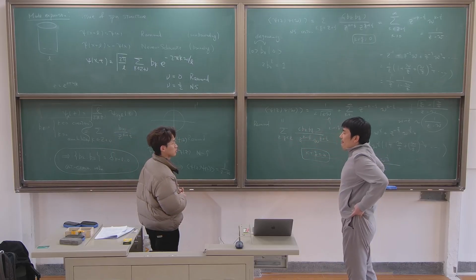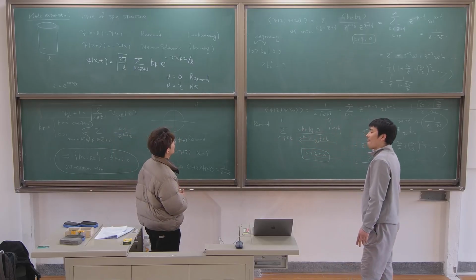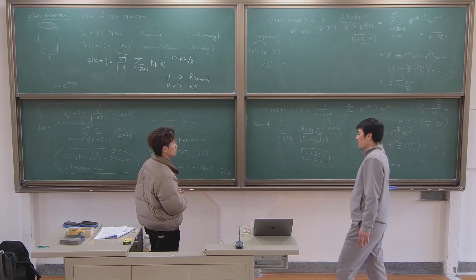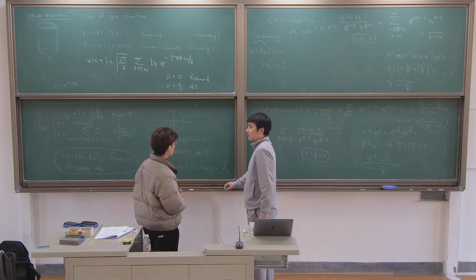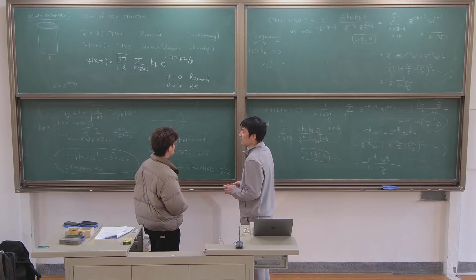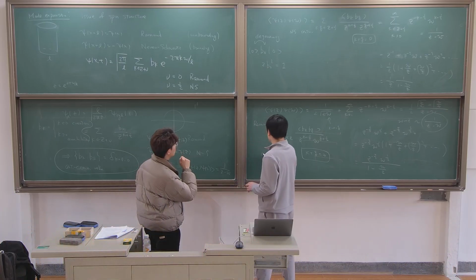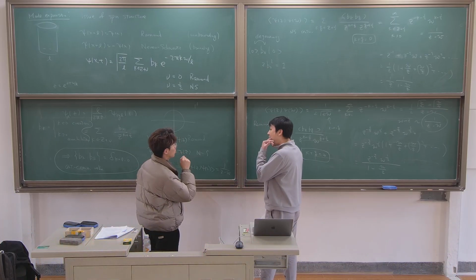Sometimes express the delta function in another point, such as x minus xi over i, z bar, 1 over... Yeah. Oh, sorry.